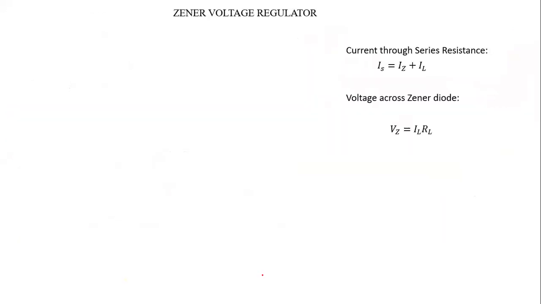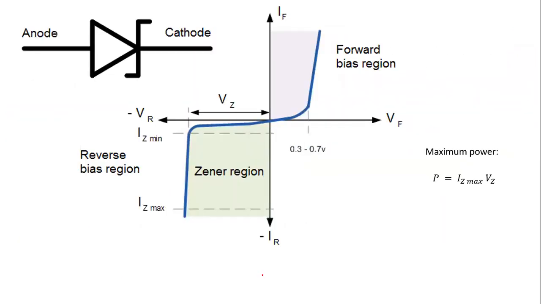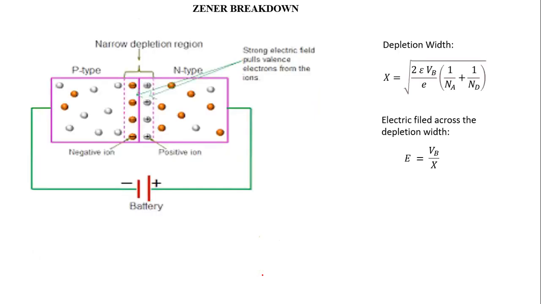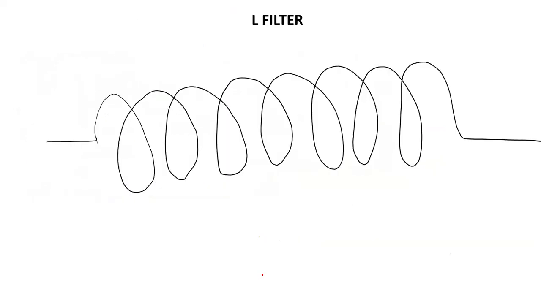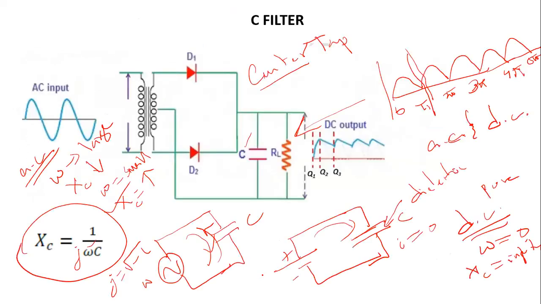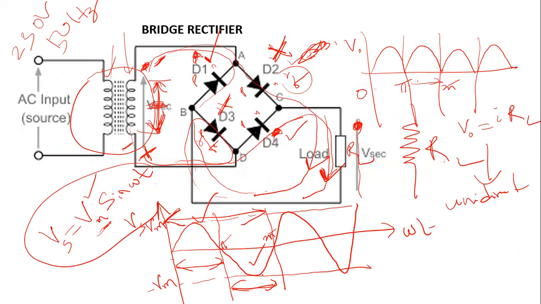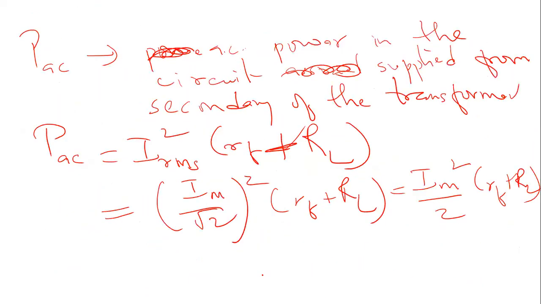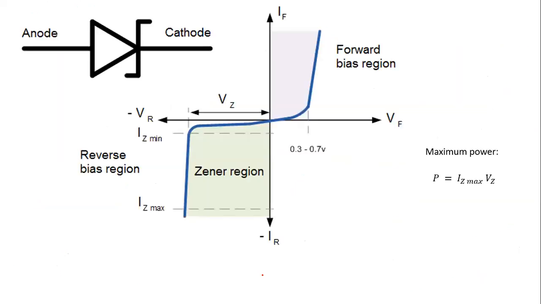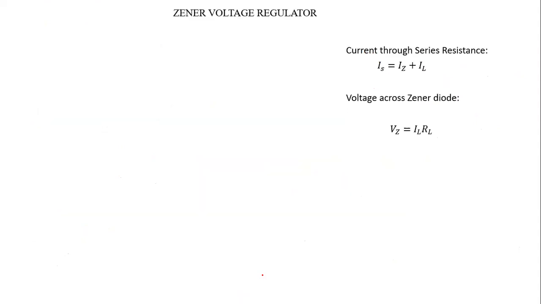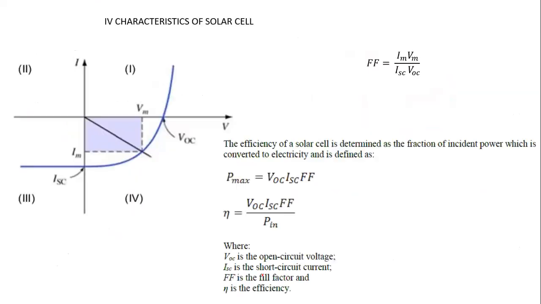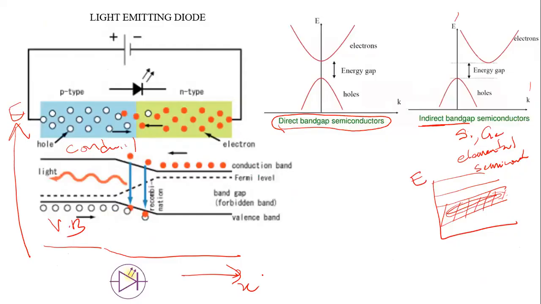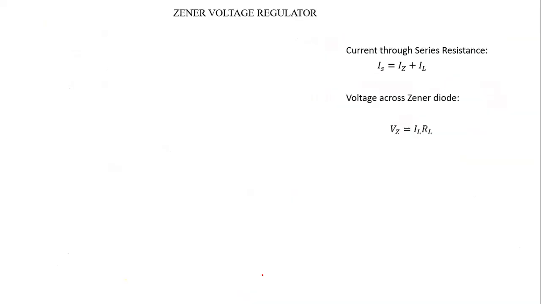Also, often we talk about the depletion layer, the depletion width, right? Where is that depletion width calculation? Let me just go back. Anyway, in the depletion width calculation also, we usually plot in terms of E versus distance, like this.